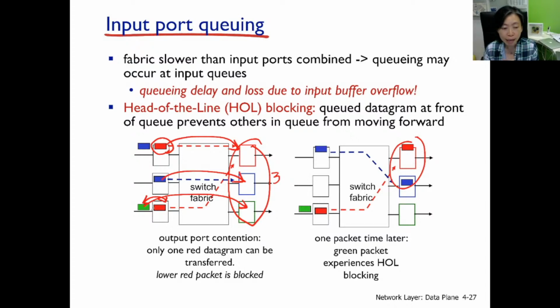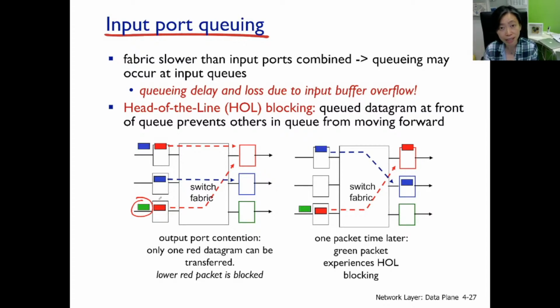So the green packet in this scenario gets blocked unnecessarily when it can really be moving forward. That is called head of line blocking. The green packet here is experiencing head of line queuing, because it is blocked by the red packet at the front. And somehow the output port is not accepting multiple packets coming in at a time.